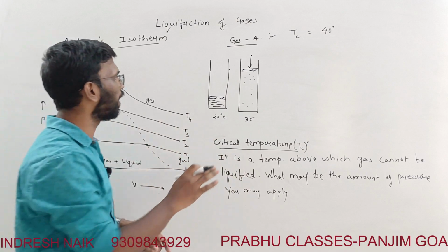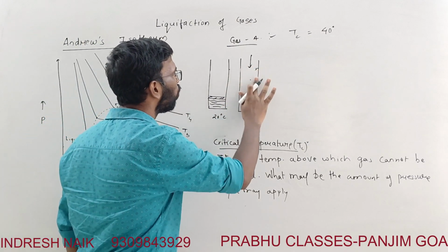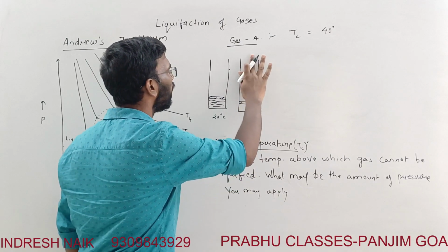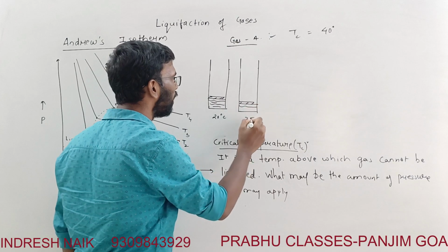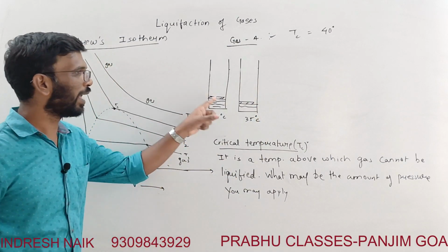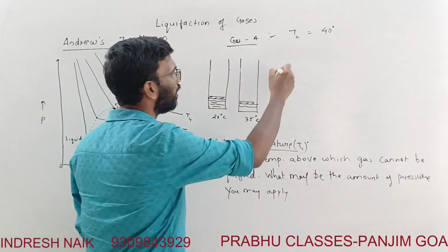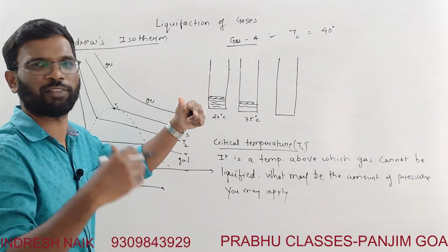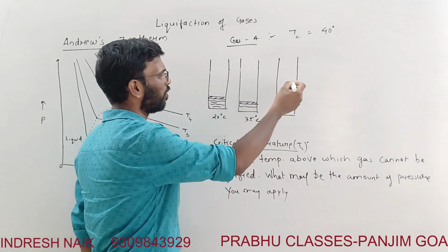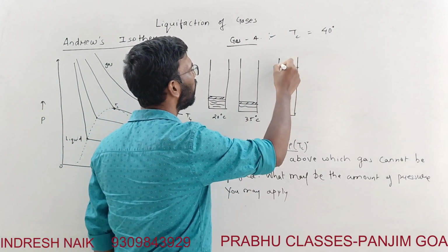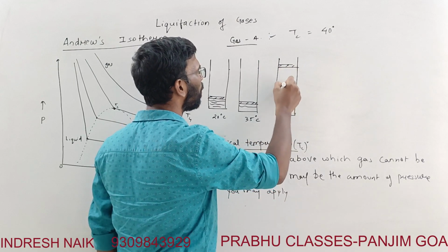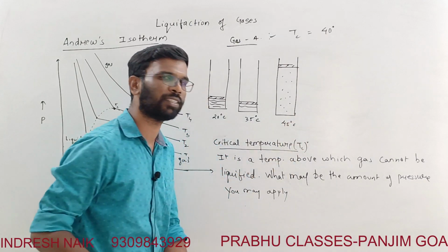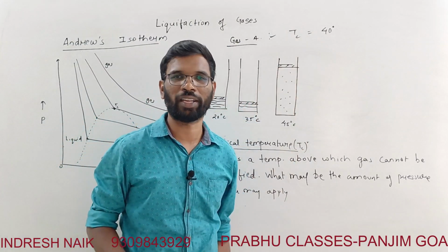You can compress this. A piston will come down, and at a certain pressure you will find the gas is converted to liquid. Here the container has the same amount of the same gas A, but at a temperature of 45 degrees Celsius, which is more than the critical temperature.